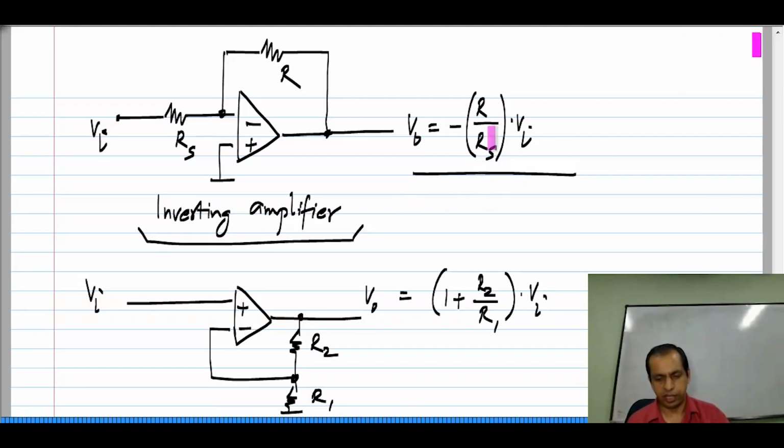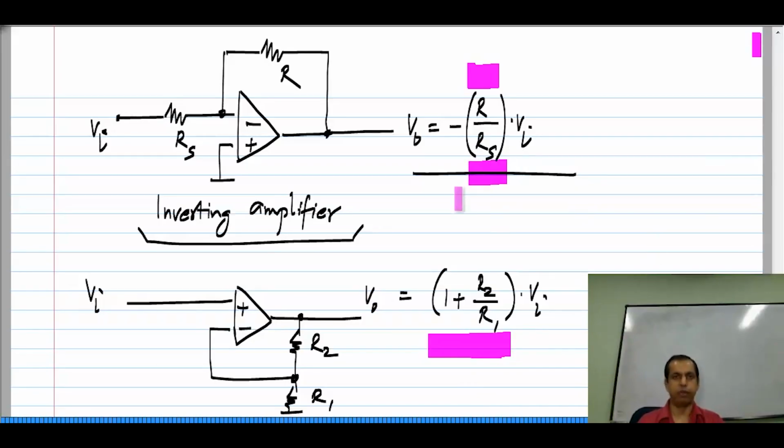In both cases, the gain depends on ratio of resistors. Okay. It does not really depend on the op amp. If the op amp is ideal, the gain will be exactly this much, 1 plus R2 by R1 for the non-inverting amplifier and minus R by Rs for the inverting amplifier.